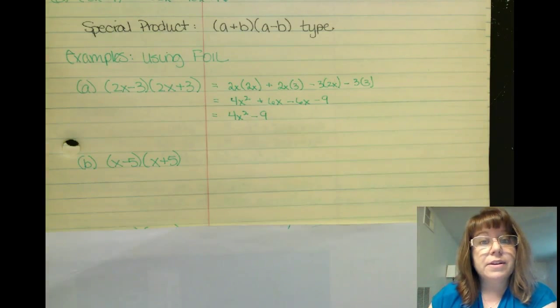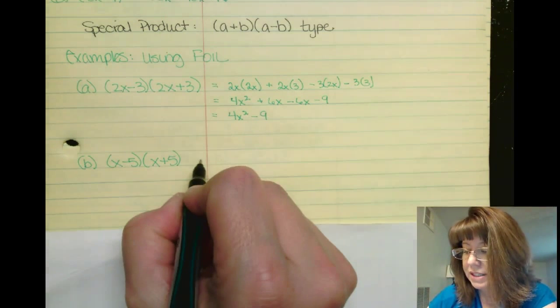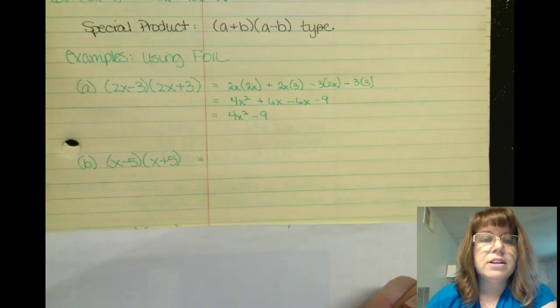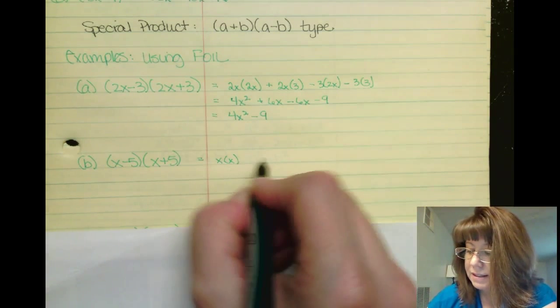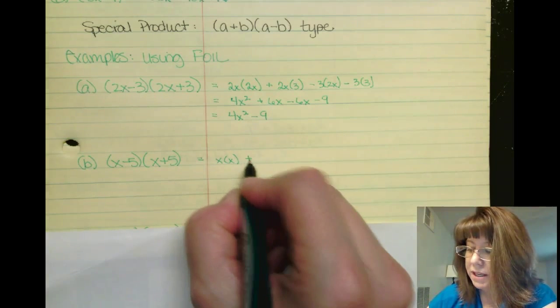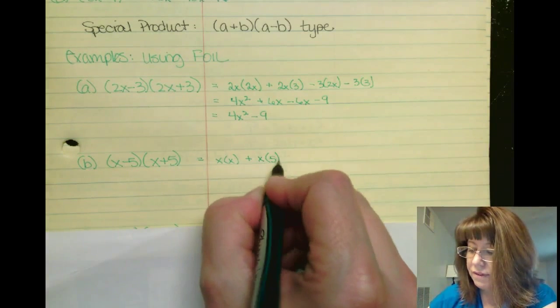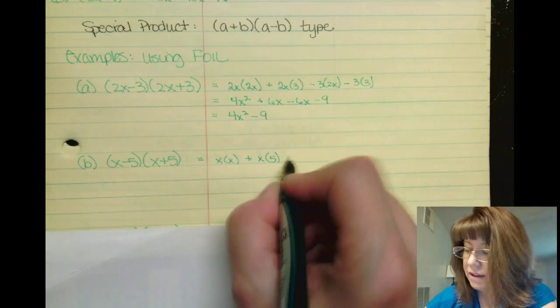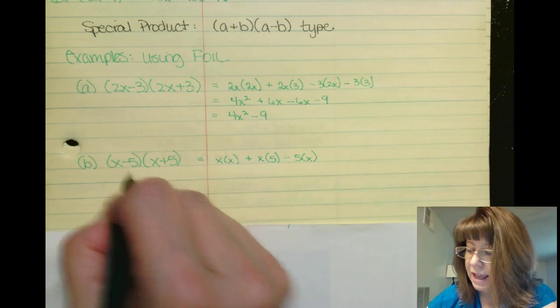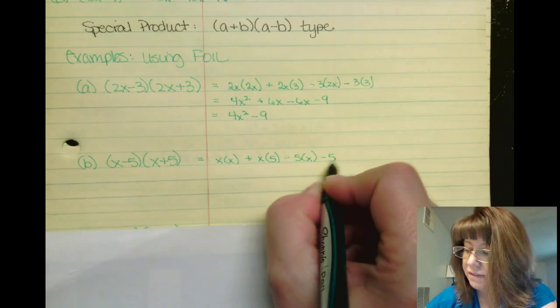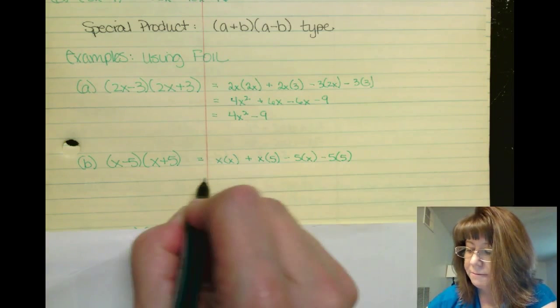Let's try another example and see again if we can see that there's a pattern here. So again, using FOIL, x times x. Now it's going to be x times 5, this outer, positive 5, minus 5 times x, and negative 5 times positive 5.